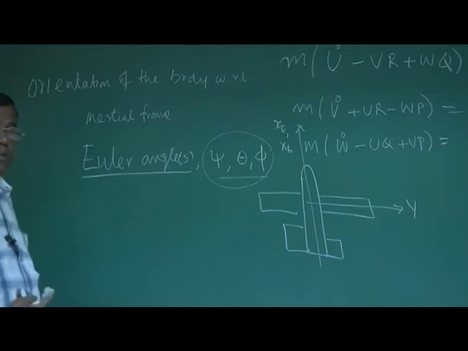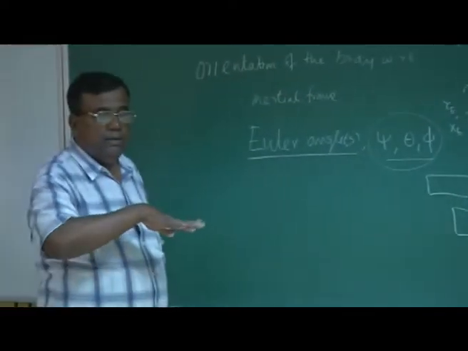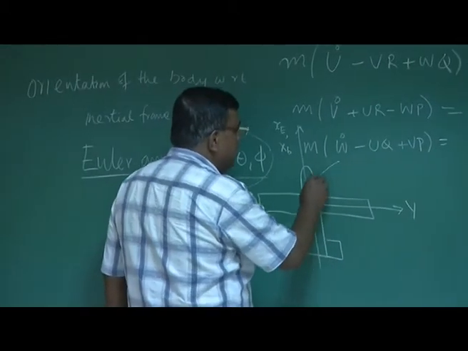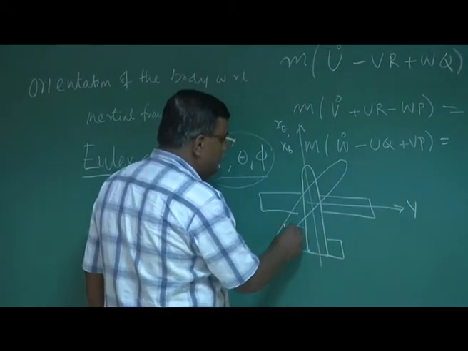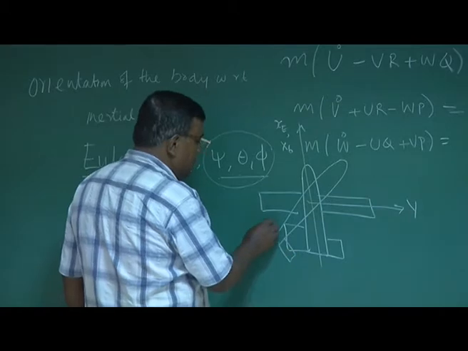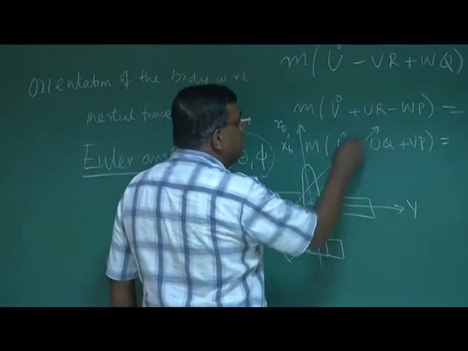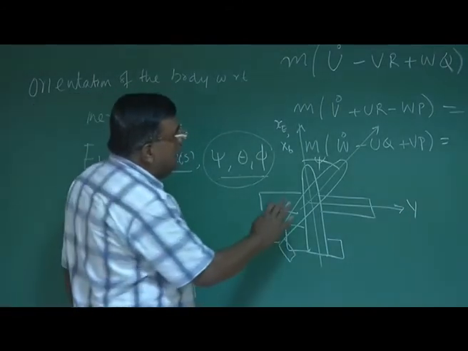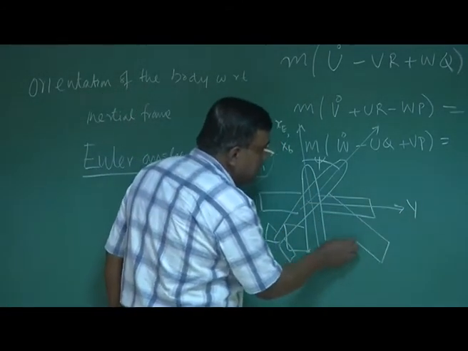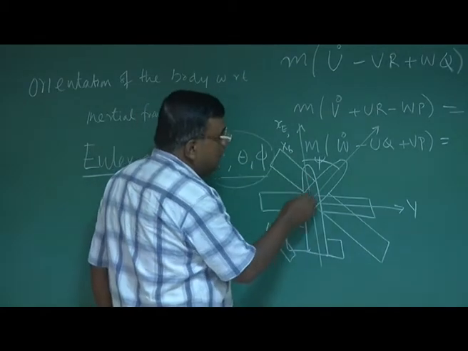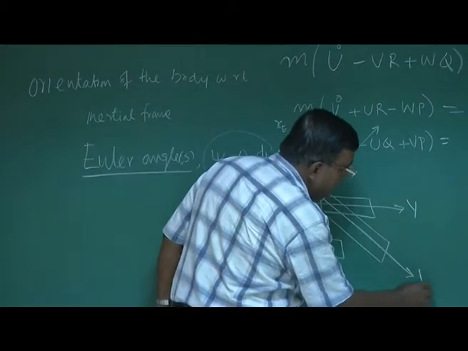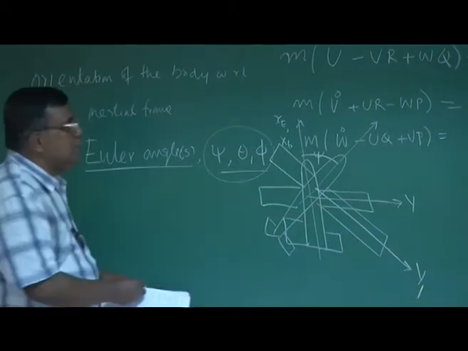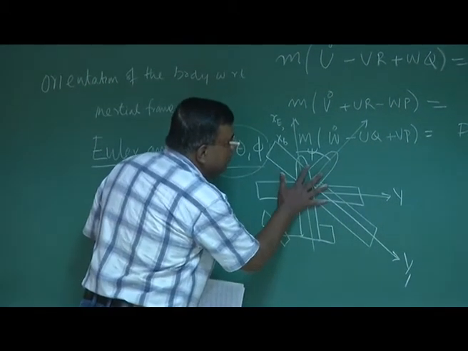The first rotation is psi; psi positive is the right wing going like this. As I rotate by psi, the wing also comes like this, and this becomes your new y1 direction. Correct? Body fixed.